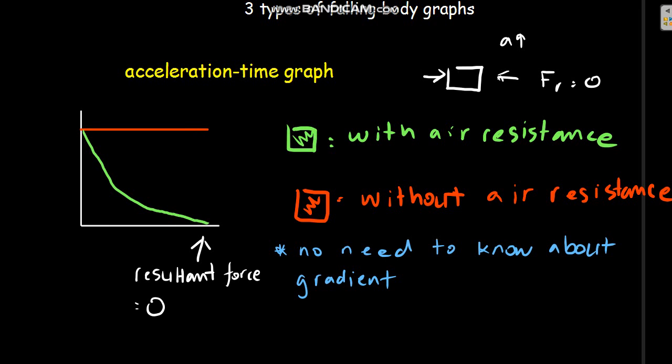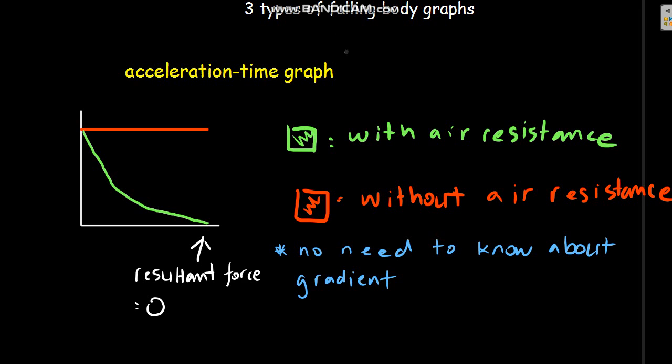The last type of falling body graph looks like this: acceleration time graphs. You don't need to know about the gradient of the acceleration time graphs, because it's not in the syllabus and it's not taught in the book.